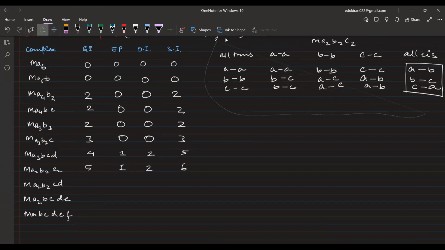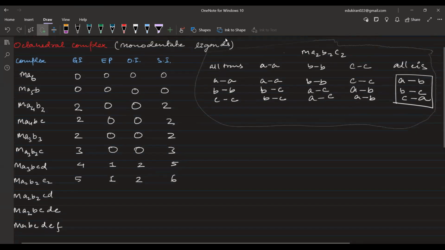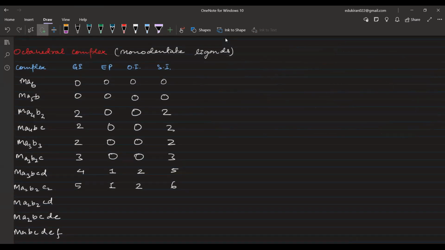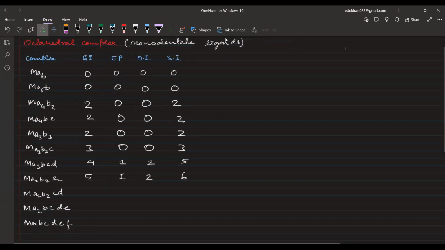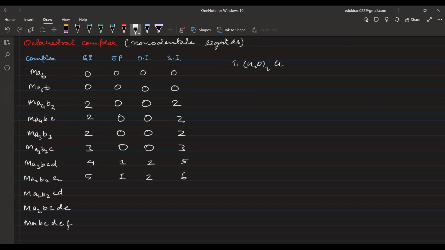So how can we use this? They will give you a complex and then they will ask how many geometrical isomers are there, how many optical isomers are there.